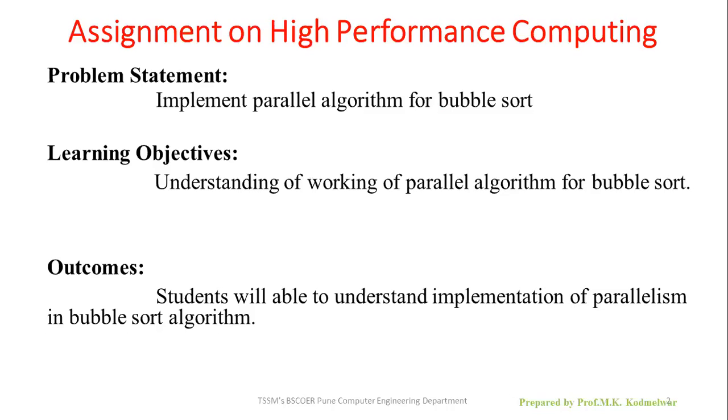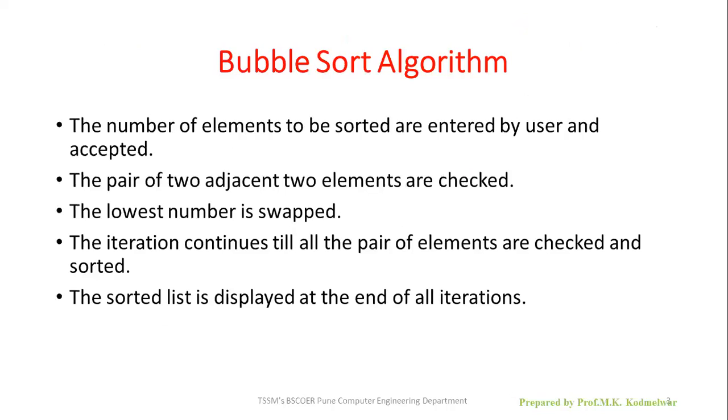When this is learned, students will be able to understand that we can apply parallelism in a bubble sort algorithm. Some points related to the bubble sort algorithm: the user will give the number of elements, which we consider as unsorted, and which will be accepted by our program.